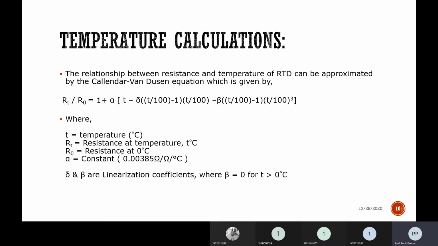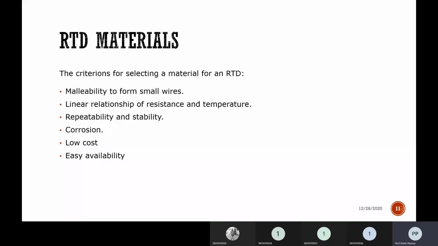Now, which type of material should an RTD be made of? Malleability should be there to form small wires, a linear relationship of resistance and temperature, repeatability and stability, corrosion free, lower cost, and easy availability.